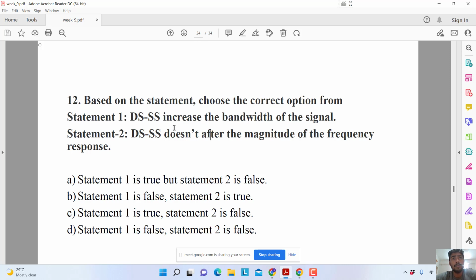You have to tell if this scheme increases the bandwidth of the signal, and then second is that this scheme doesn't affect the magnitude of frequency response. It is true or false.